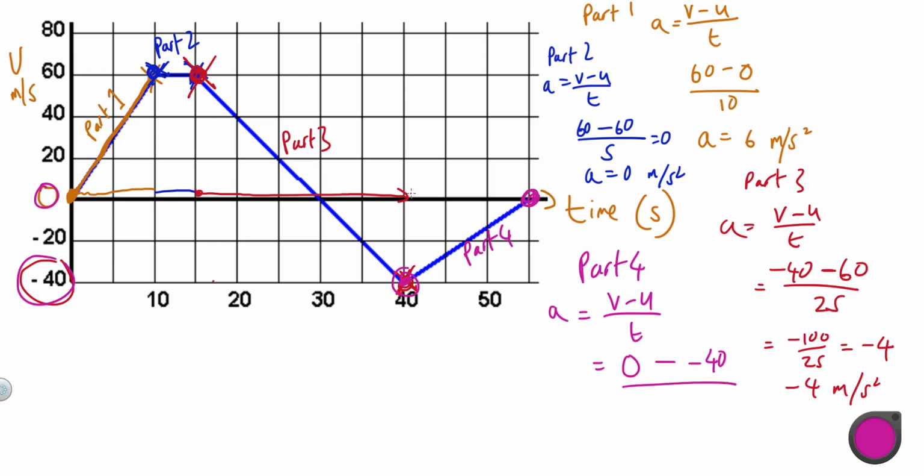The time taken to get from here to here is 15 seconds. So that'll be 0 take away negative 40, which turns into a positive 40, divided by 15. 40 divided by 15 is 8 over 3, 2.6 recurring. If you want that as a decimal, you can leave it as a fraction if you want. 2.6 recurring is my acceleration, in meters per second squared.